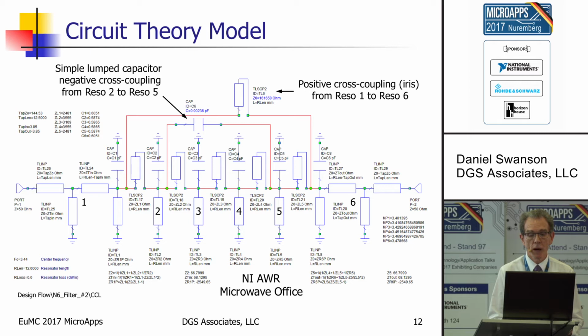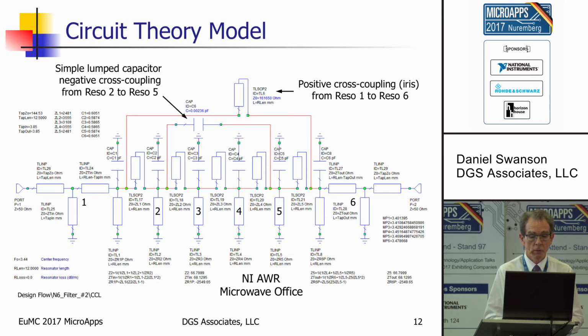So this is going to be an iris from resonators 1 to 6, and this is a capacitor from resonator 2 to 5. And again, we start with a very small capacitor and a very large impedance inductor, and we gradually modify those elements and re-optimize as we go, and end up with a cross-coupled filter.